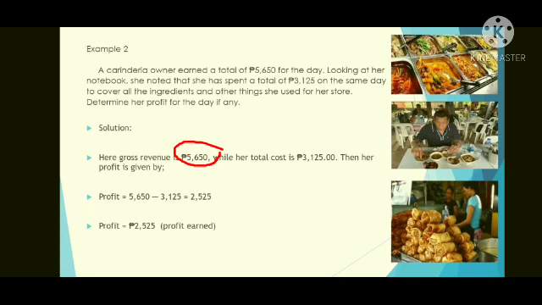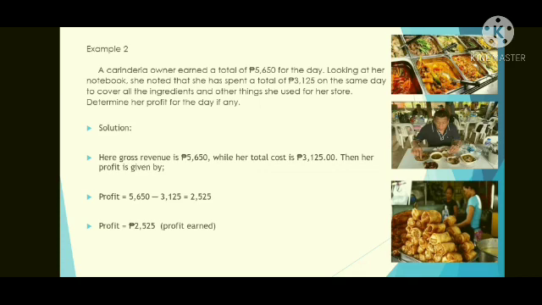So her gross revenue is 5,650, while her total cost is equivalent to 3,125 pesos. If we calculate the amount of profit, profit is equivalent to revenue minus the cost.